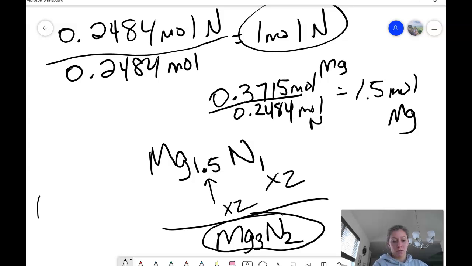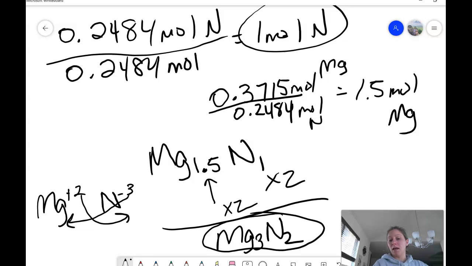If you note, like we talked about in first semester, magnesium in group 2, nitrogen in group 3, in order to neutralize the electron transfer, you get Mg3N2.